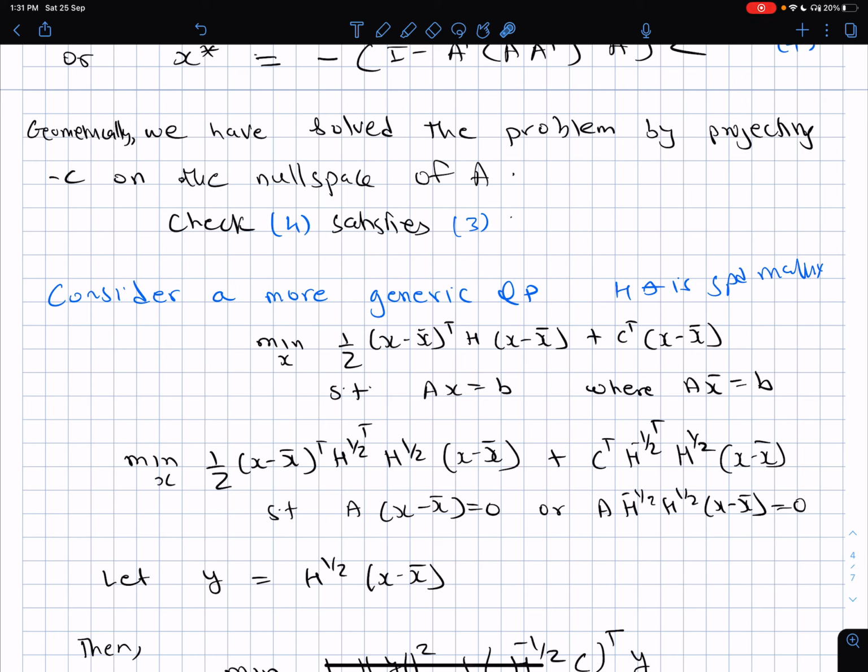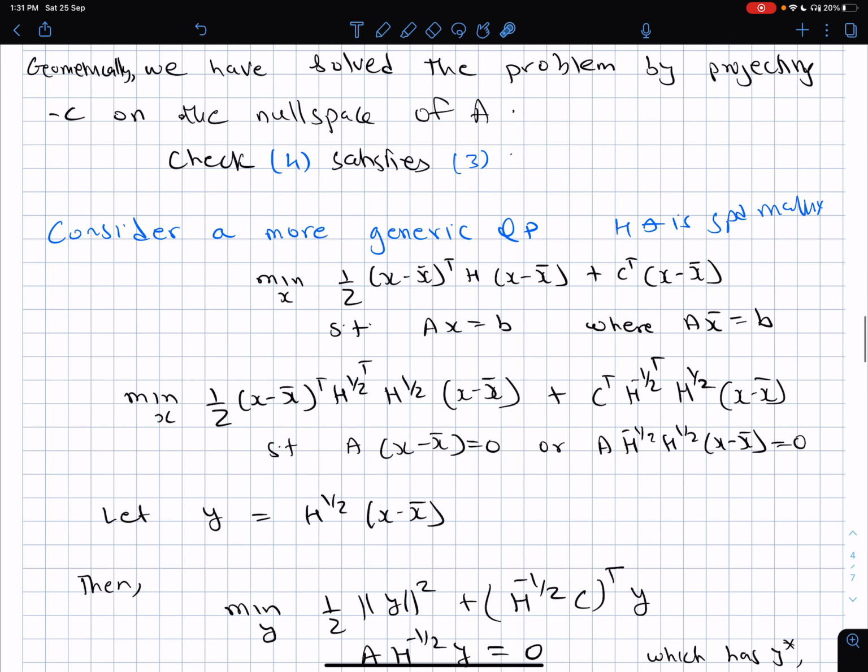Why? Because H to the power half, the square root of H, is also a positive definite matrix, hence it has an inverse. I'm going to write it in this particular form, and b I am going to write as A x bar, and therefore write this as A times (x minus x bar) is equal to 0.